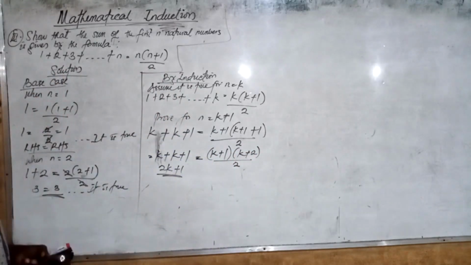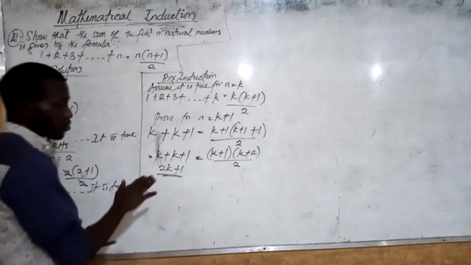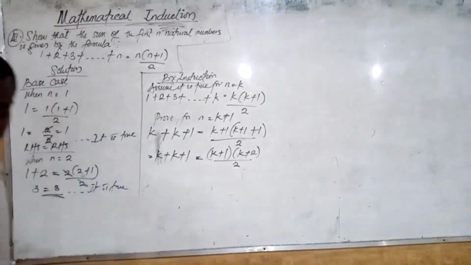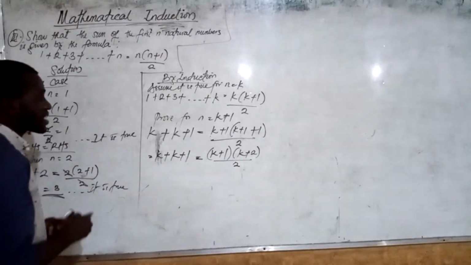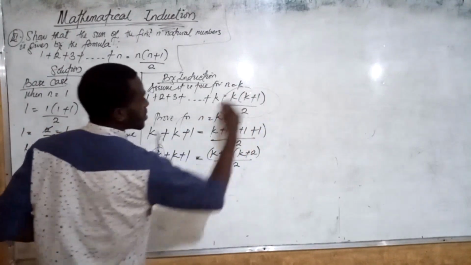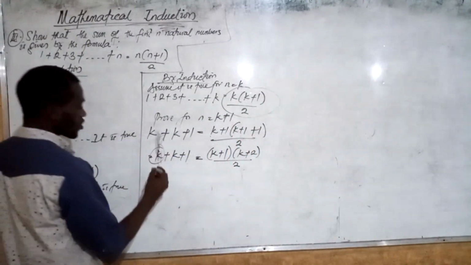Alright, so that we have, now remember that, no, before we do that, what we are going to do is, remember that k actually gave us this. Alright, so we'll now substitute.